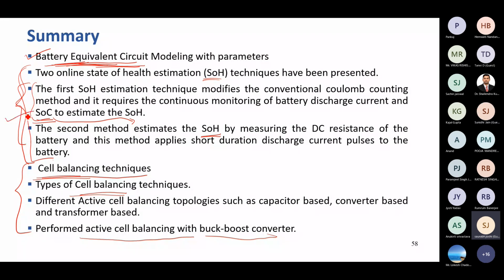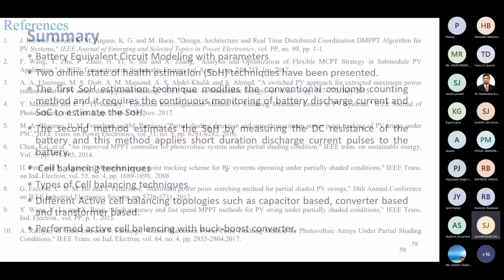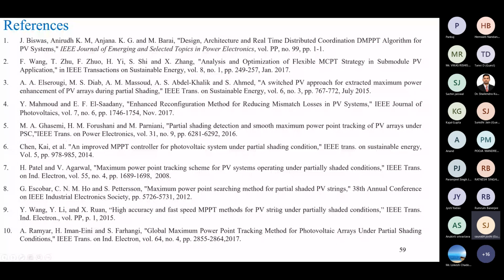So first we have to work on this technique, and then on the converters that we are adopting, and the same estimation methods we are considering for our cell balancing techniques. So these are the main references.